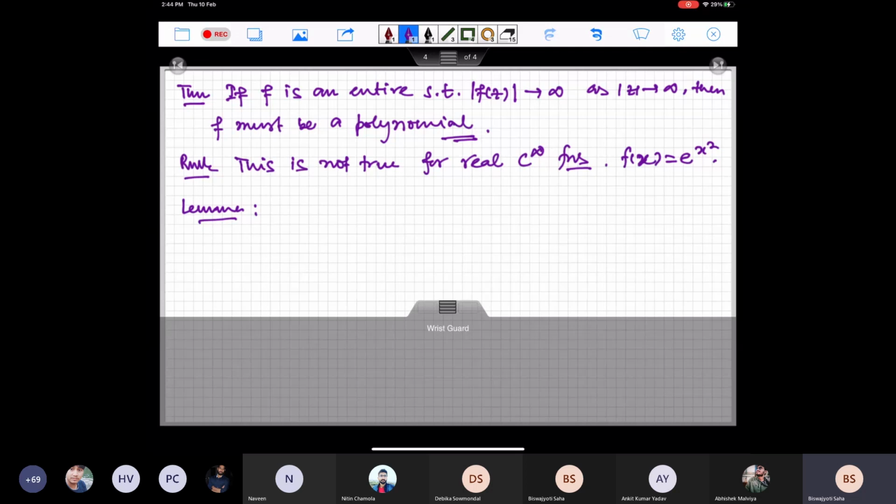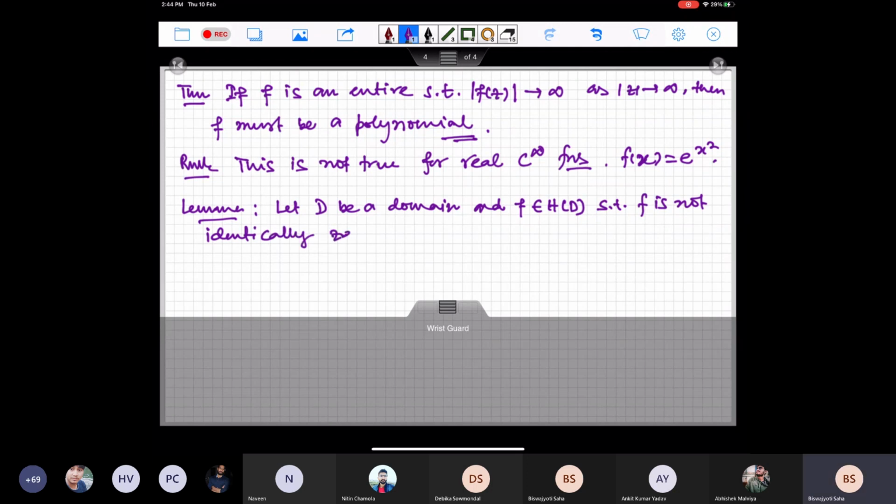I need a lemma. So let D be a domain, and f belongs to H(D). That means it's a holomorphic function such that f is not identically 0.